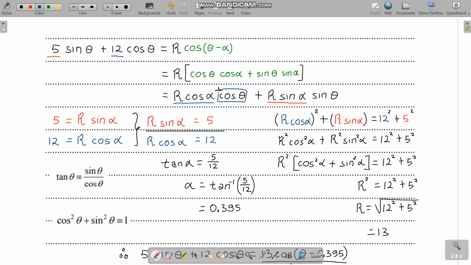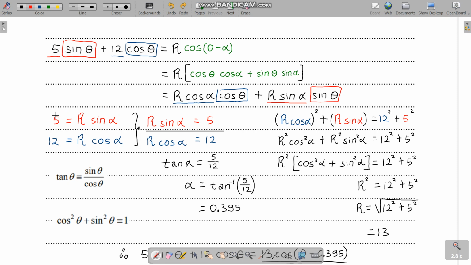If we look at the variable cos theta, the coefficient on the left is 12, on the right it is r cos alpha. So we have one equation, 12 equals r cos alpha. And for the variable sine theta, we have the coefficient on the left 5, on the right r sine alpha. So we have the second equation.